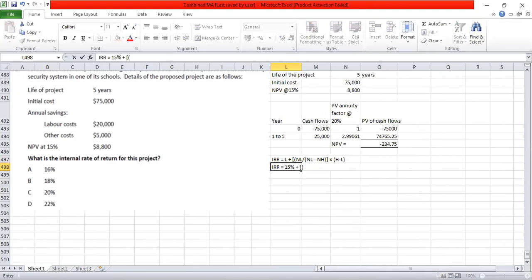Within the square bracket, the numerator is NL, the NPV at the lower rate, 8,800, divided by, in the denominator, the difference, which is 8,800 minus 234.75, into H, which is 20% minus 15%.